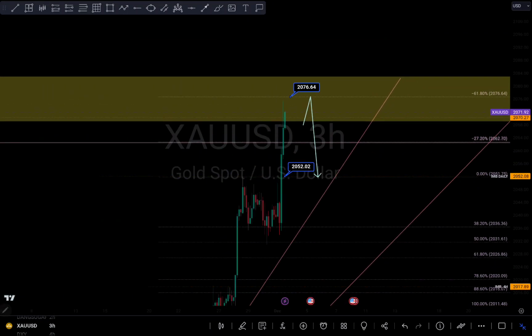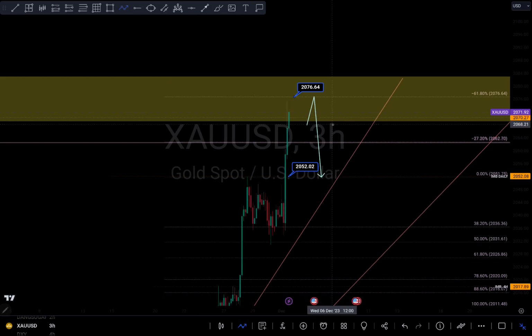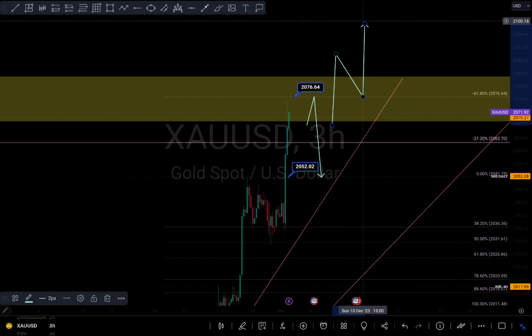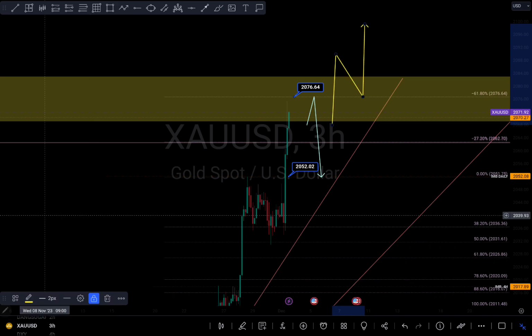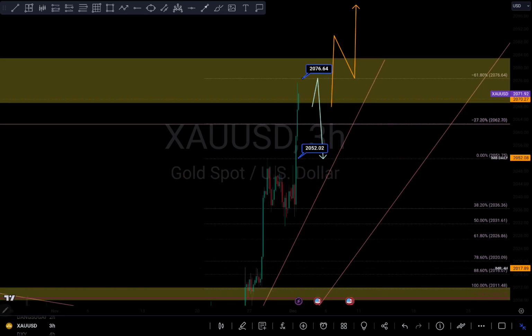But if you're gonna buy on gold, we want something like this, a possible retest then push to the upside. But right now I'm seeing more of at least a sell, maybe a retracement sell, before we now continue on our main trend. So let's see how the market plays around this area, then that will determine if it's going to continue to push to the upside or reject to the downside.